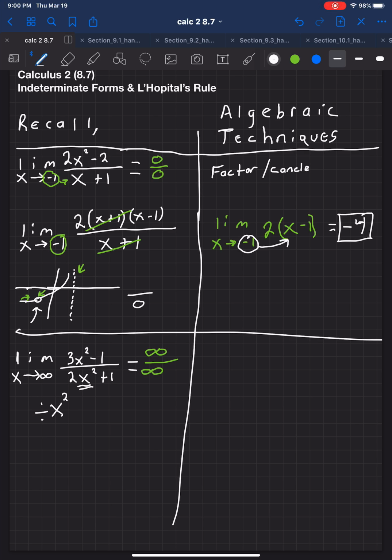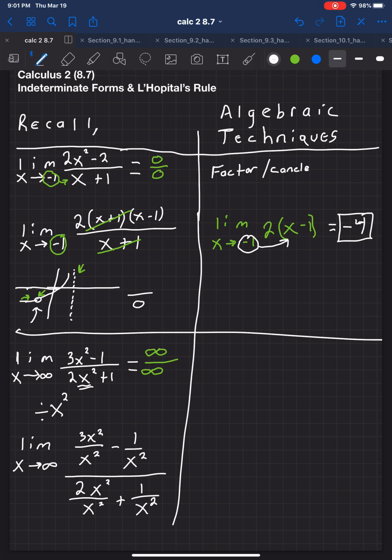Ready? So let's rewrite that. If I divide the numerator and the denominator by x squared, I have 3x squared over x squared minus 1 over x squared, divided by 2x squared over x squared plus 1 over x squared.